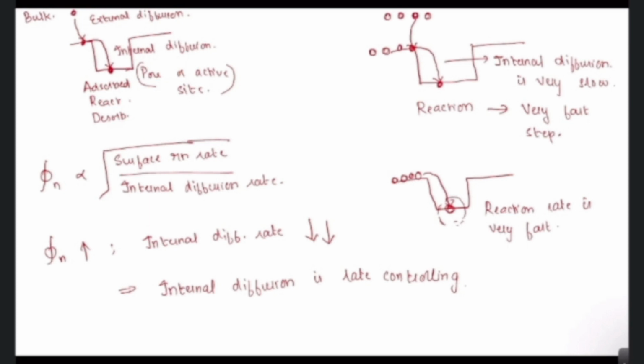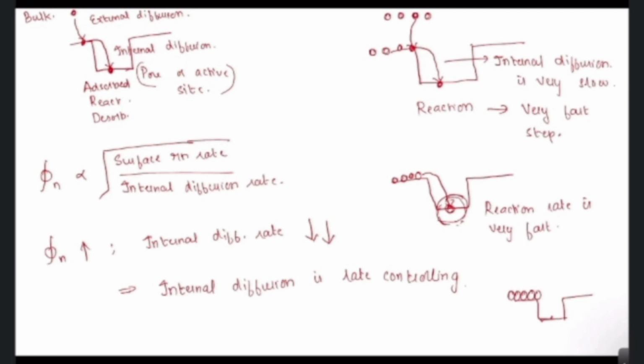So when an observer looks from the outside, they won't see this particle here. Rather, they'll be looking at the particles which are on the external surface of the catalyst. So when an observer looks, there will be only particles on the external surface. There will be nothing inside the active site, because whatever is getting adsorbed into the active site is reacting very fast because the reaction rate is very high.